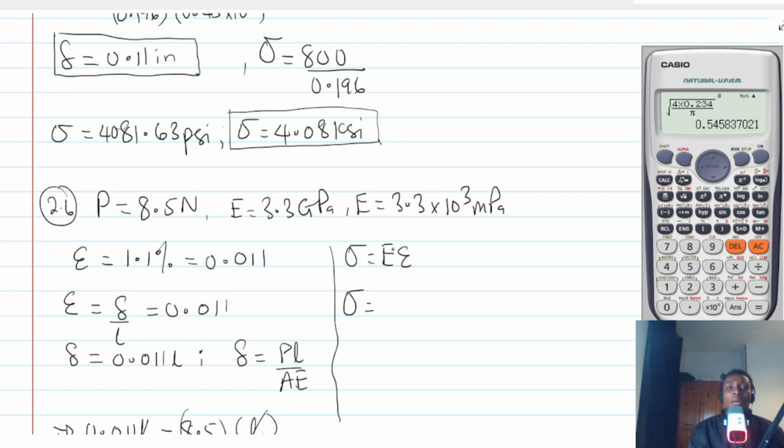So we can see that our stress will be 3.3 times 10 to the power 3, multiplied by 0.011.